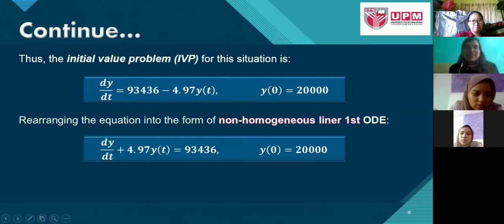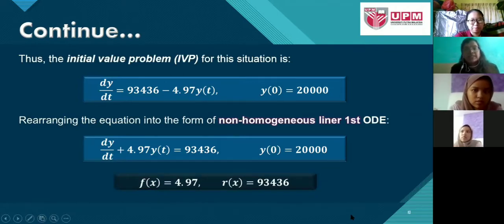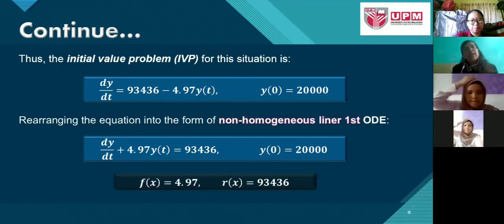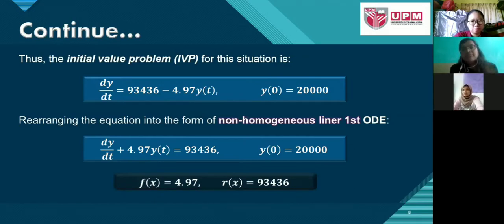So to continue the problem, we can see that the initial value problem for this situation is written as in the equation, where dy per dt equals 93,436 minus 4.97 YT, where Y initial equals 20,000. Rearranging this equation into the form of a non-homogeneous linear first order ODE, you would get dy per dt plus 4.97 YT equals 93,436.